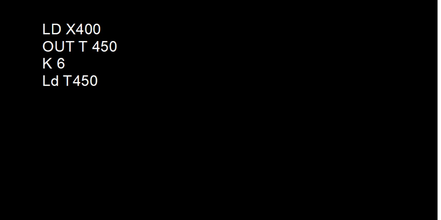You can see here LD X 400, then followed by out T 450, the second instruction, then K6, then you have LD T 450, then you have out Y 430.